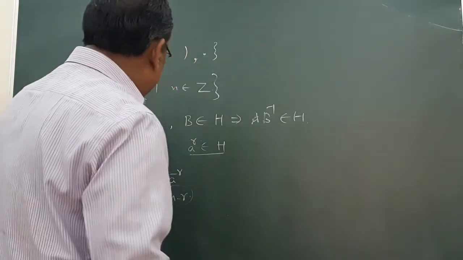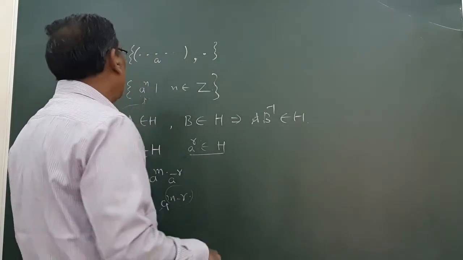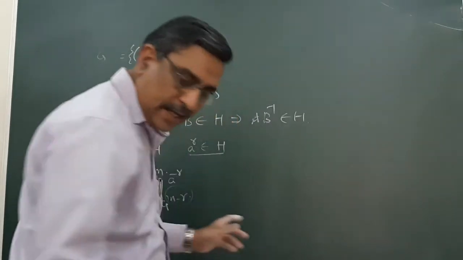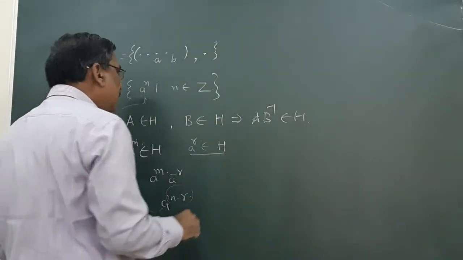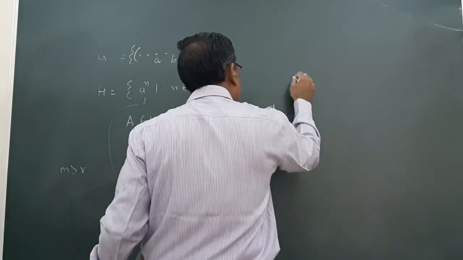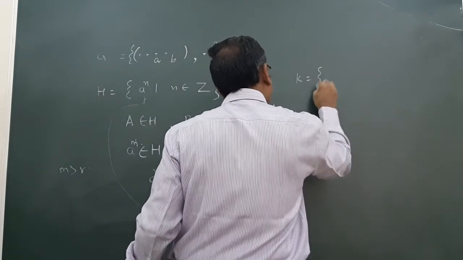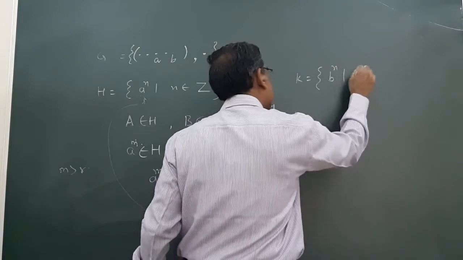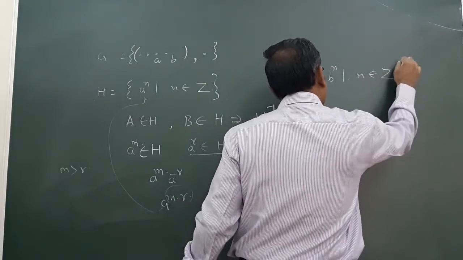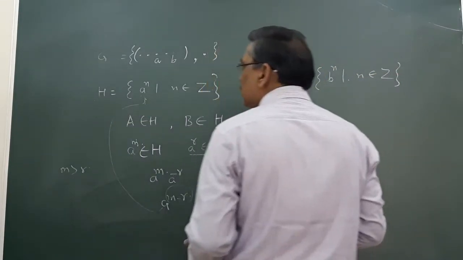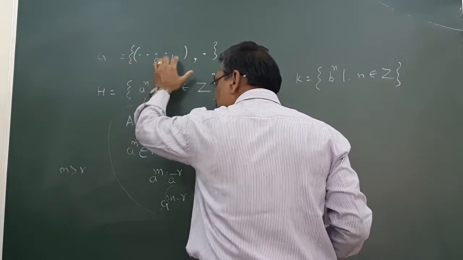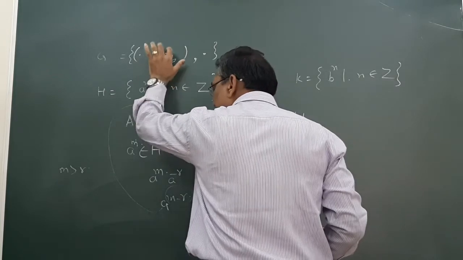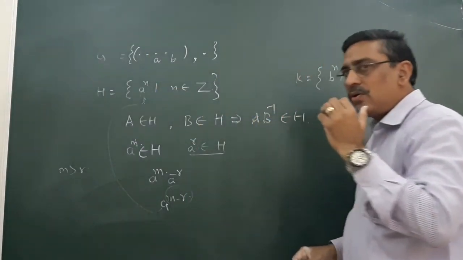Its generator is A. So if A is an element and B is another element, then we can find another subgroup, B raised to the power n such that n belongs to Z. So we can find many more subgroups of this group G related to each of its elements.